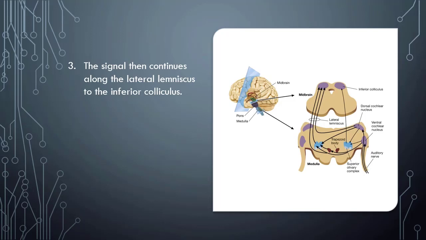And then this signal passes through a bundle or grouping of axons we call the lateral lemniscus, to a nucleus in the midbrain called the inferior colliculus.